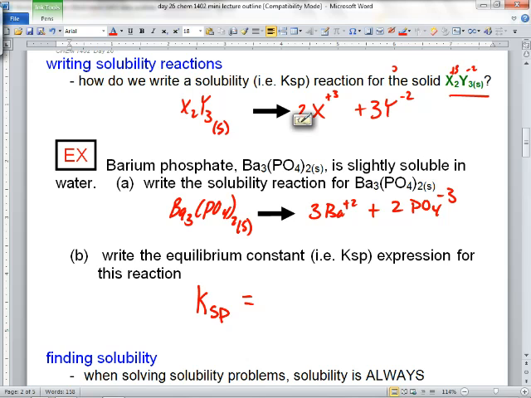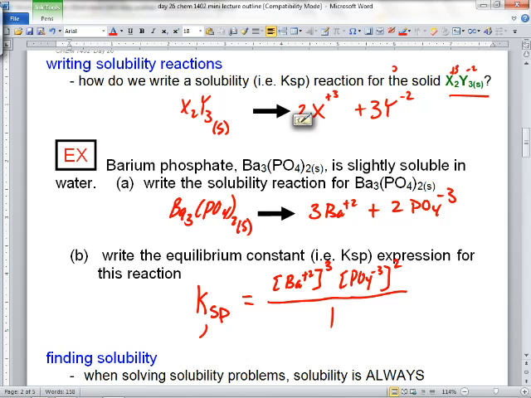Something over something. Perfect. She cubed the barium concentration. And then keep going. Both barium and phosphate are products, so they both go up on top, right? Phosphate squared. And that's all over 1.